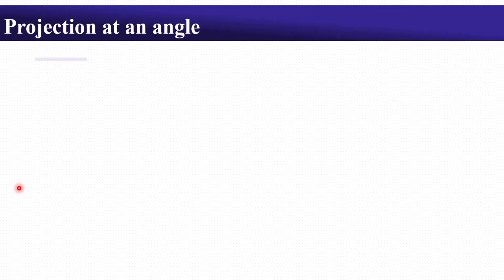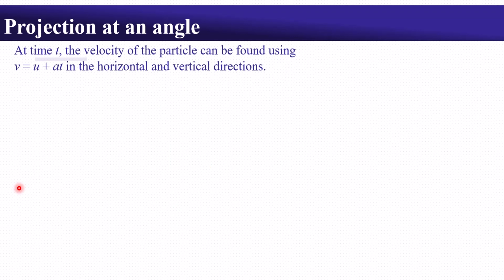So let's now see how we can get velocity at any time t along the way when the particle is still in the air. So we are going to do this using the first equation of motion. As I told you, we use the 3 equations of motion, and in here to calculate velocity at any time t, we are using the first equation of motion.